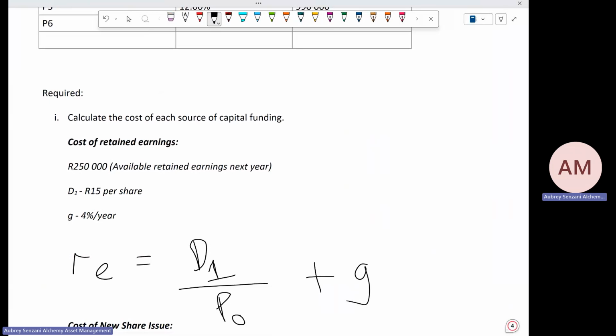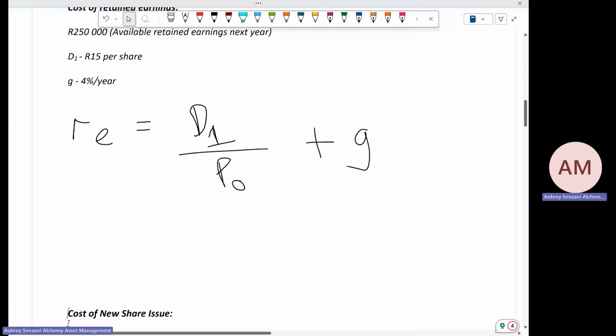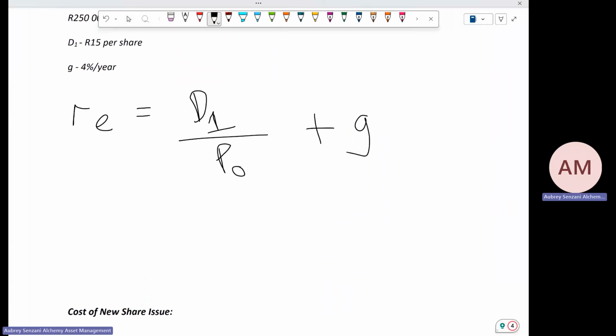So when we have that, we've already said the key information that we need. Now all we need to do is plug in the values and calculate the cost of capital, or the interest rate. D1 they gave us, they said it's 15. And P0, we find from the ordinary shares there, is 150.